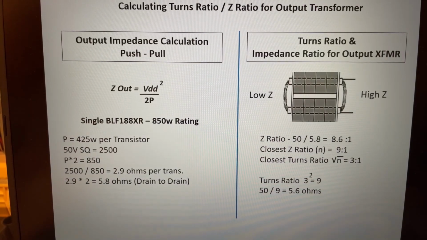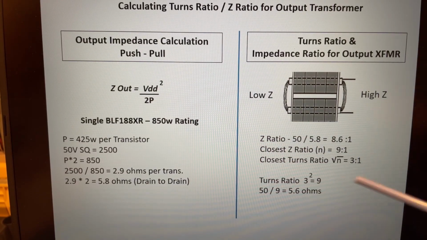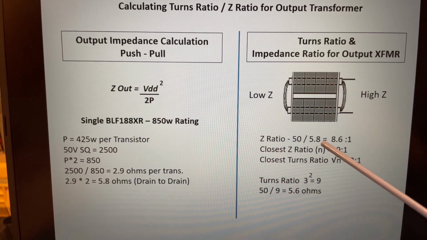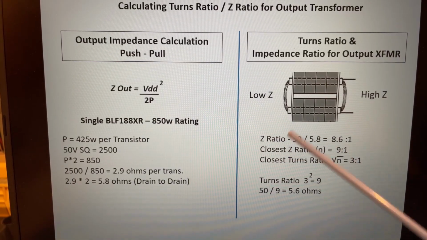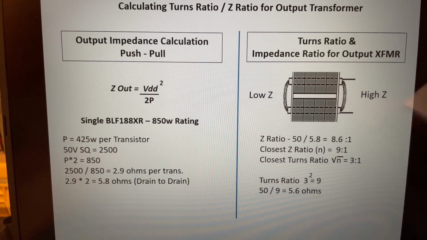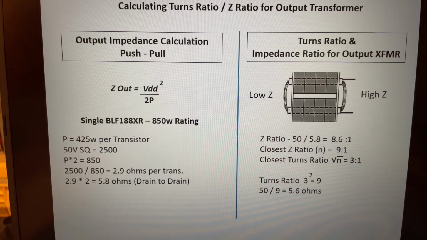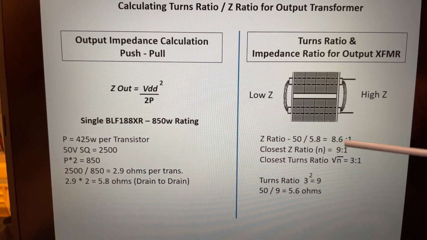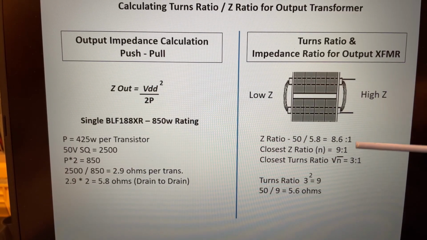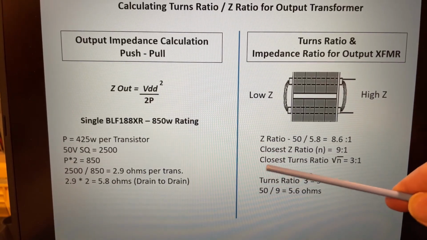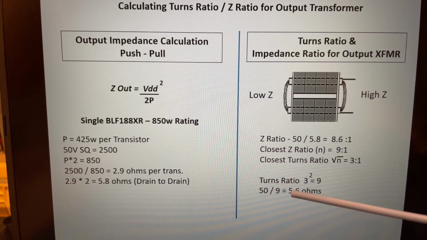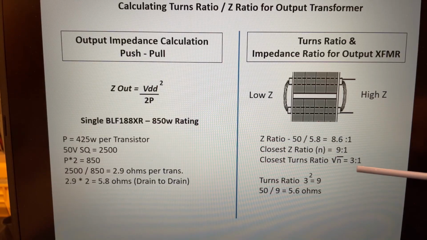If we look at our different turns ratios on our transformer, we see that if we need 5.8 ohms, we divide 50 by 5.8, and we get 8.6 to 1. The closest ratio to that would be 9 to 1, which is shown here. If we take the impedance ratio of 9 and take the square root, the square root of 9 is 3.